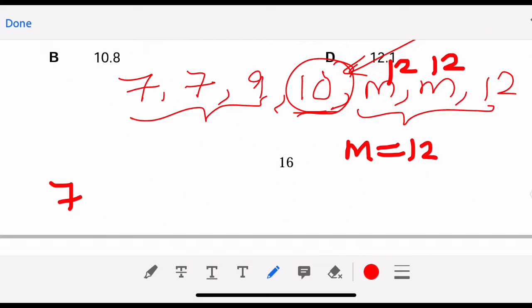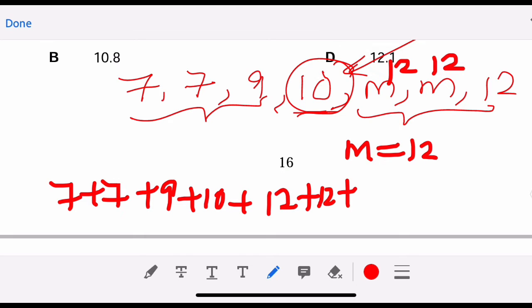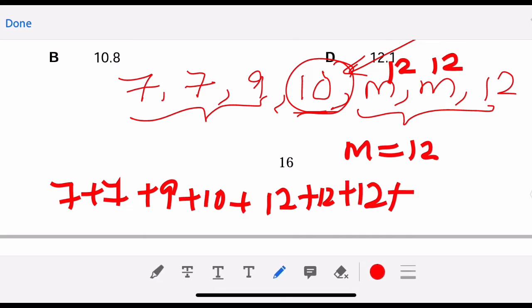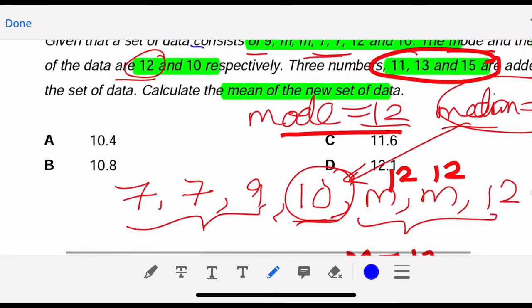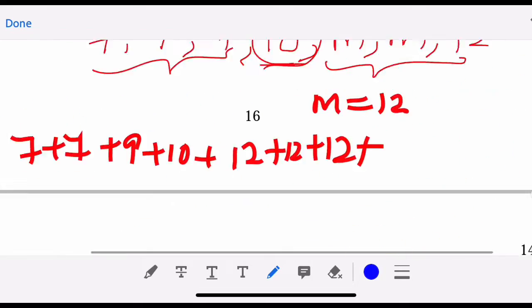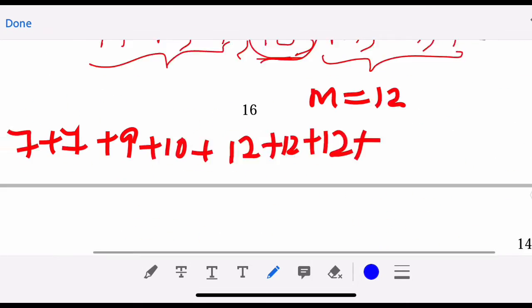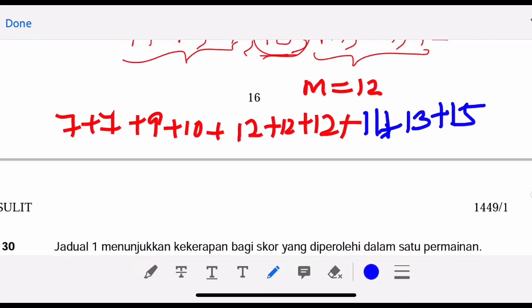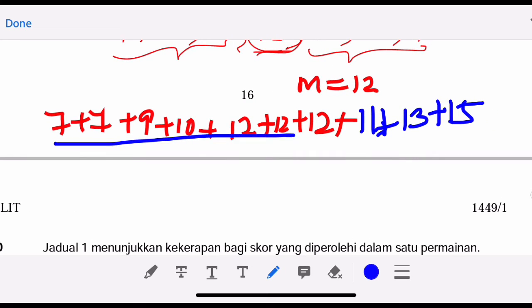So that means we add everything, 7 plus 7 plus 9 plus 10 plus 12 plus 12 plus 12, plus they add in another 3 numbers, 11 plus 13 plus 15, right? Then it's going to divide by how many data? 1, 2, 3, 4, 5, 6, 7, 8, 9, 10.